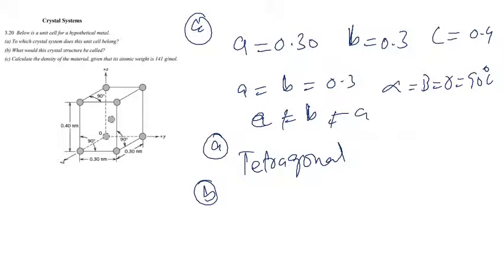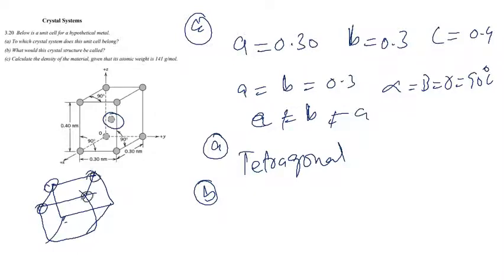In part B, it says, what would this crystal structure be called? Since there is a center element, it looks like this: this is a box, and at each corner there is one atom. And in the middle, if I draw the middle correctly, here is the middle atom.